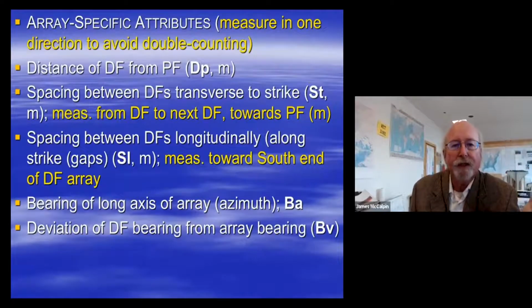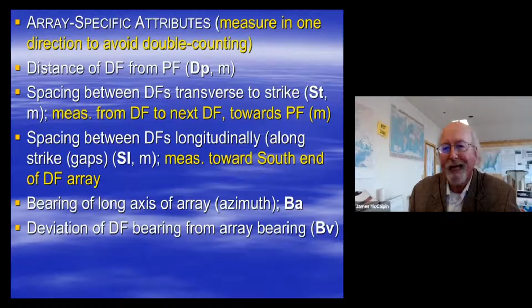Well, let's talk not only about the attributes of each scarp, but the attributes of the array as a whole. The scarps have geometric and geographic relationships to each other. One obvious thing is the distance of the distributed fault from the principal fault, and that's already built into PSHA.